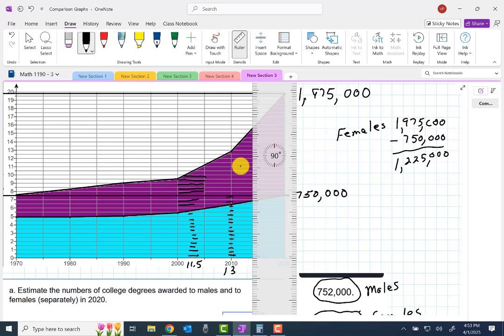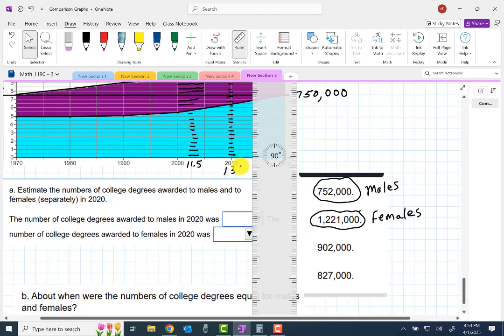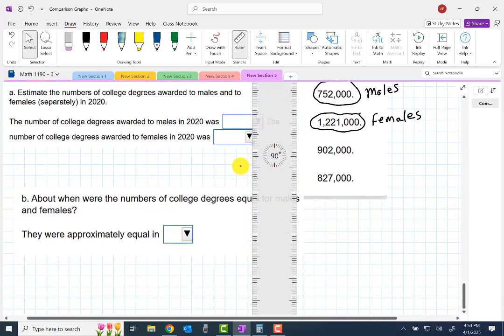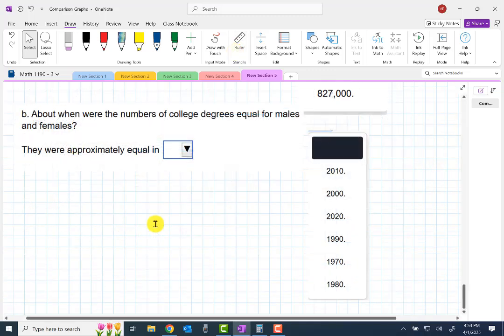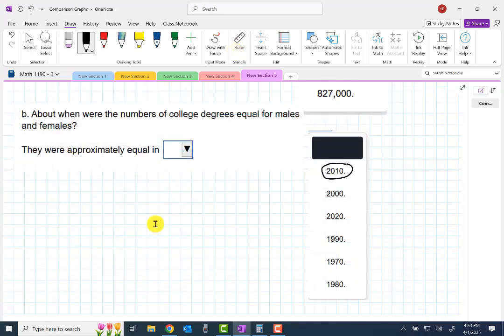We have 1, 2, 3, 4, 5, 6, 7, 8, 9, 10, 11, 12, about 13. So perfect. That means that I would choose, well, you have a drop down. So let's see what the drop downs are available to us. These are the choices we are presented with, so I would definitely choose 2010 as my choice.